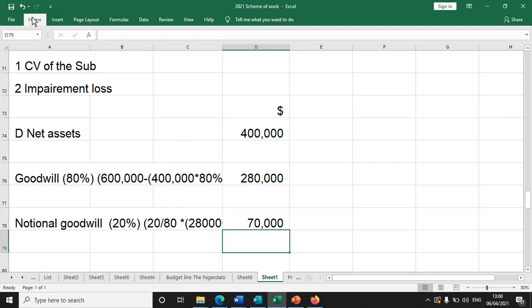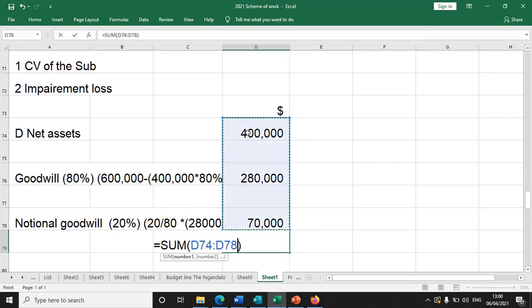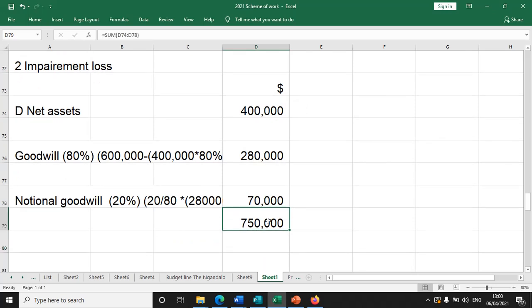And then all I need to do now is to sum up all the figures there. Okay, I hope you can see that is our current value of the sub, D. And what's the recoverable amount?